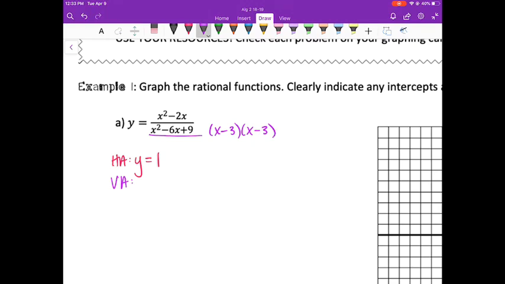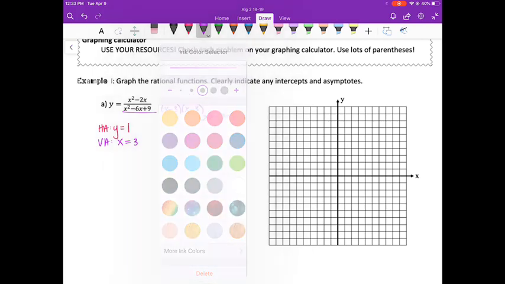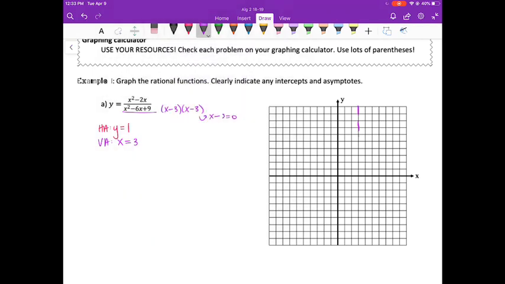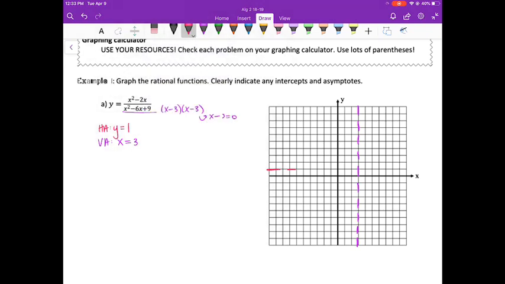If we set either set of parentheses equal to 0, we get x minus 3 equals 0, add 3 to both sides. Our vertical asymptote appears at x equals positive 3. We'll go ahead and plot those on our graph already. So here's our vertical asymptote and our horizontal asymptote up at positive 1.